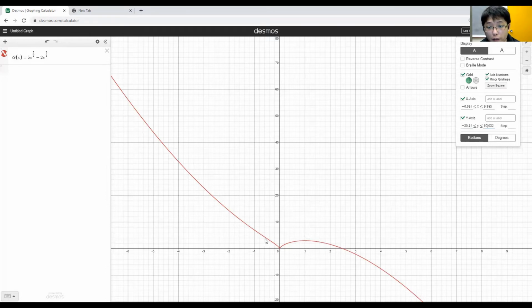But still, it's quite difficult to detect that there is an inflection point. You will find that over here the function is clearly concave downward, but an inflection point is still quite difficult to detect on this diagram. So graph sketching by hand actually tells you more than the graphical calculator.